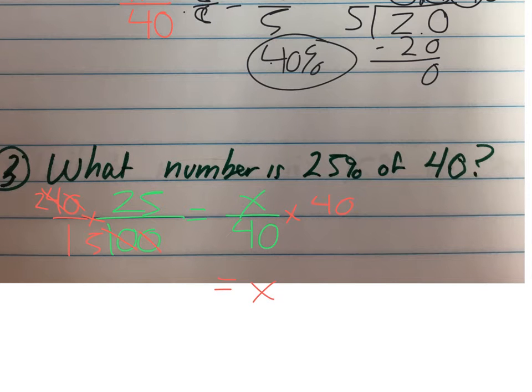And I can simplify again, up and down, dividing by 5. So now I have 2 times 5, which is 10. And I just found that 25%, or a quarter of 40, is 10. So if I put 10 back in here, 10 out of 40 is equal to 25%.